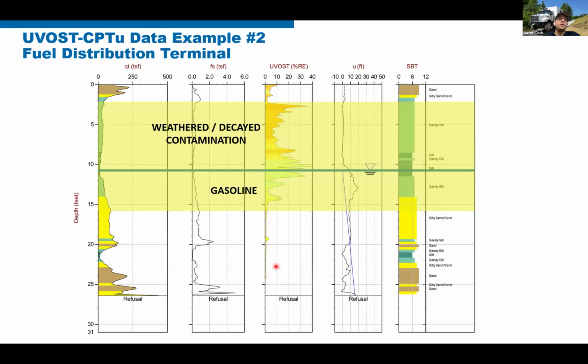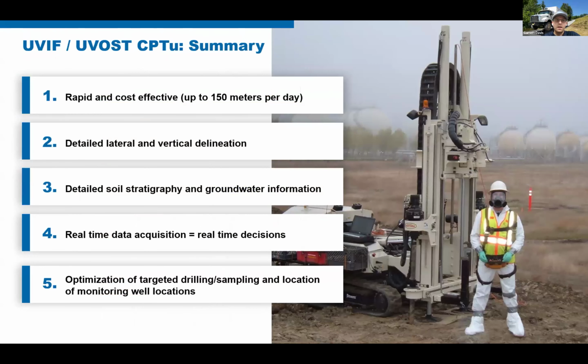Below that, we've got relatively low responses. We would think that the contaminant is hung up here on your water table as a floater, and you'd likely want to do your sampling in the first 5 feet or 1.5 meters below the water table.